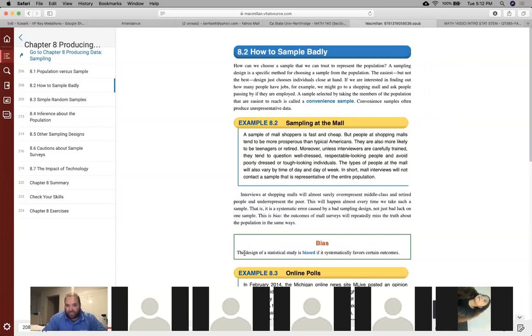Bias is when you have a design that favors certain outcomes over others. Here's an example. I'm curious what everyone's favorite sport is in America, so I'm going to take a sample. I'm going to ask 1,000 people what their favorite sport is. That's a lot of people, it seems like a pretty good sample size. So how am I going to do it?